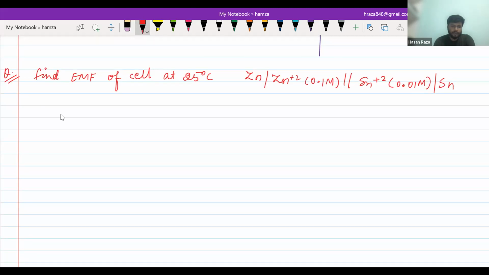It is also given that E0 Zn plus 2 slash Zn is equal to minus 0.76 volt, and E0 Sn plus 2 slash Sn will be equal to minus 0.14 volt.